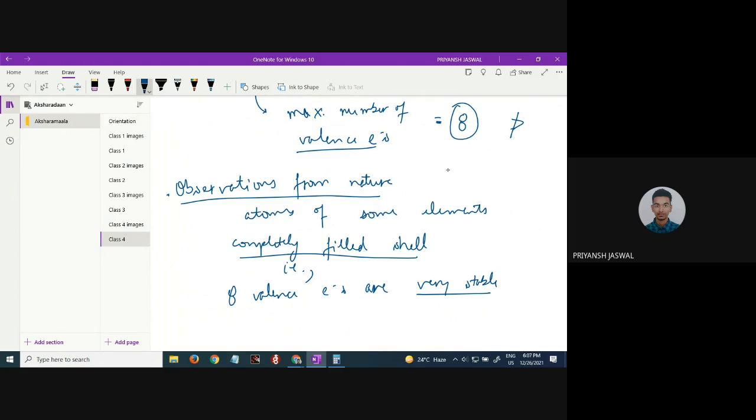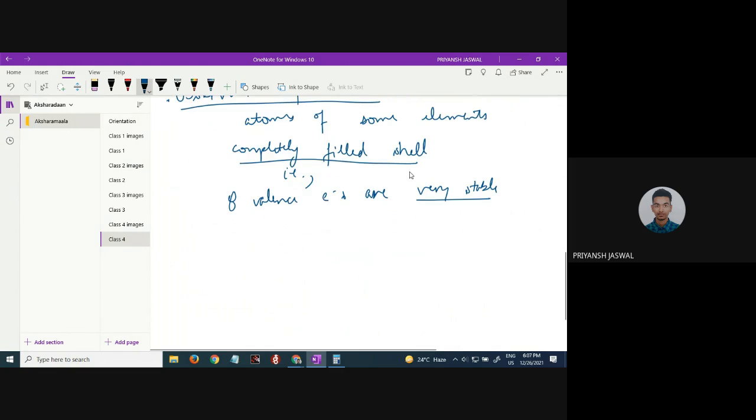By stability, what does it mean? It means that they show very less chemical activity.